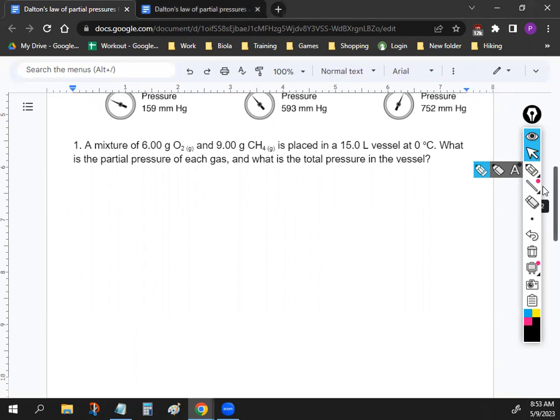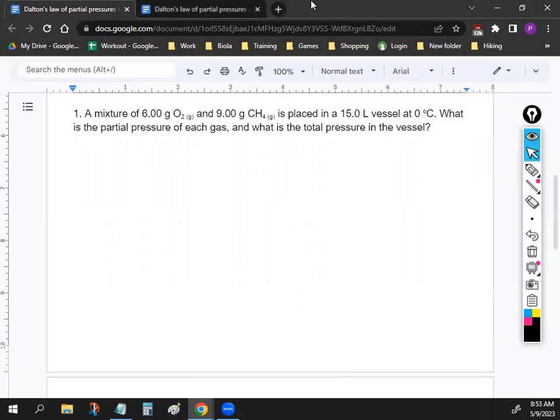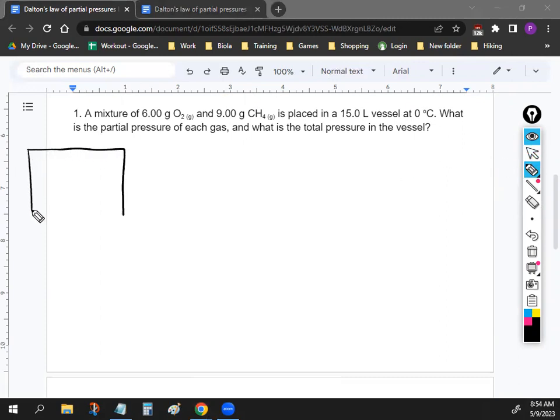All right, so we have this problem right here, and it tells us that we have a mixture of oxygen gas and methane. I'm going to draw a quick picture to help you visualize. Inside this container, we have 6 grams of oxygen gas and 9 grams of methane.